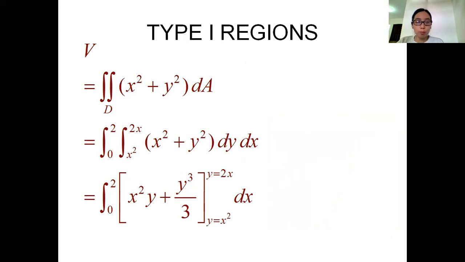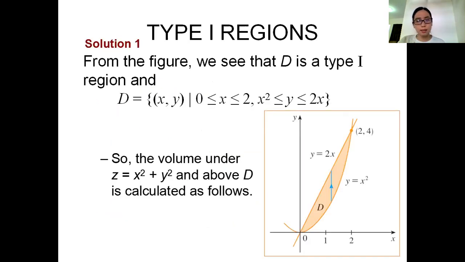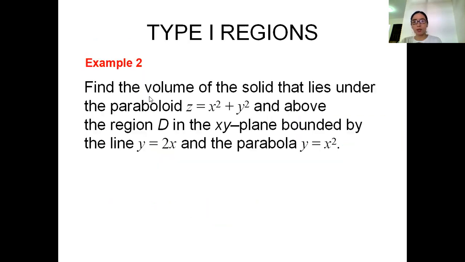So the volume is equal to the double integral of our integrand, which is x squared plus y squared dA. So by applying the extracted limits, for the inner integral, since this is a type 1 region, we are still using dy as the inner boundary.